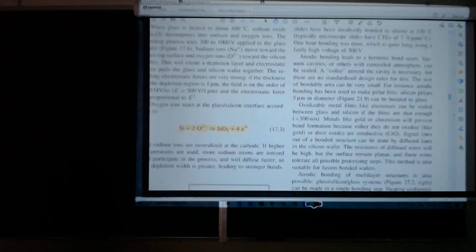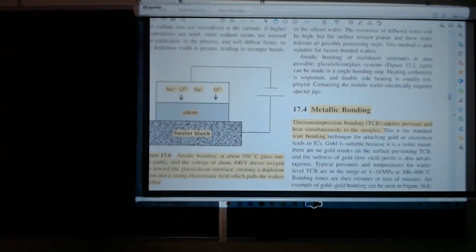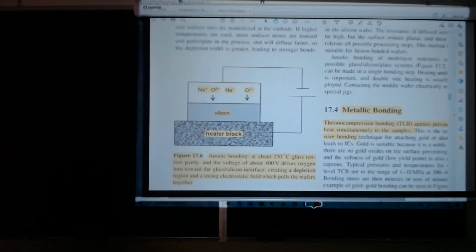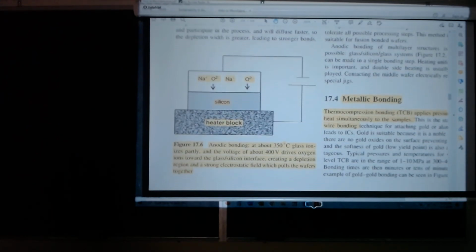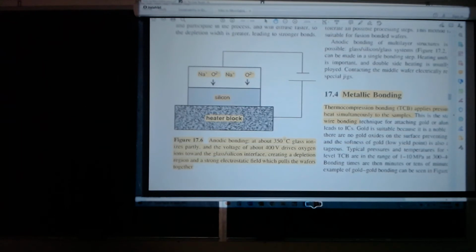It's shown here. So in anodic bonding, you apply pressure between silicon and glass. This is glass up here. You also heat it, and you also apply a negative voltage to the glass with respect to the silicon.